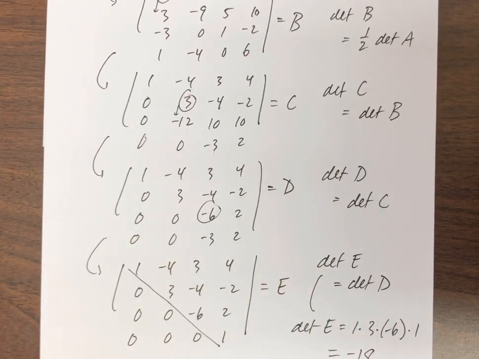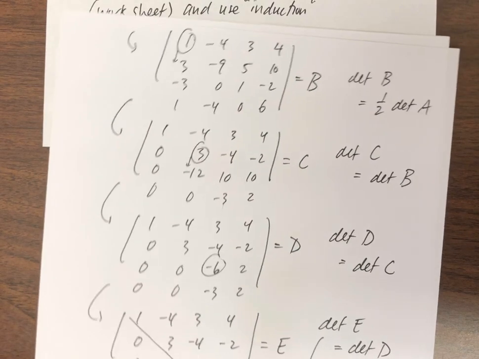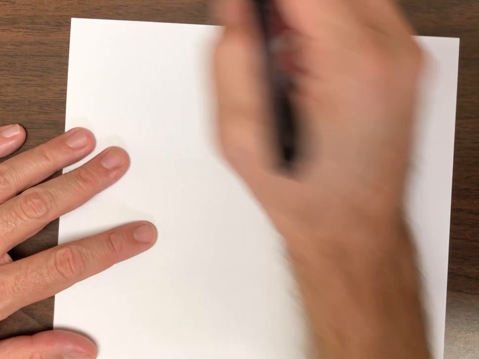Okay, now what else do I want to say? Well, it turns out that knowing these facts about the row operations and determinants has other nice applications. So let me write this as a fact.